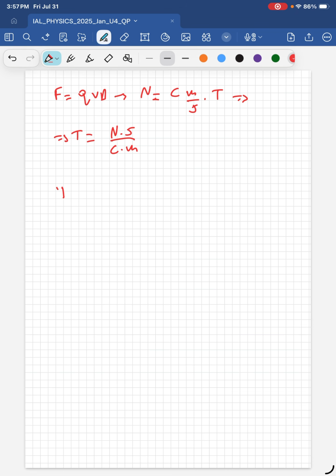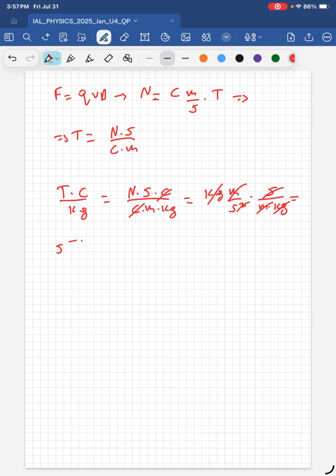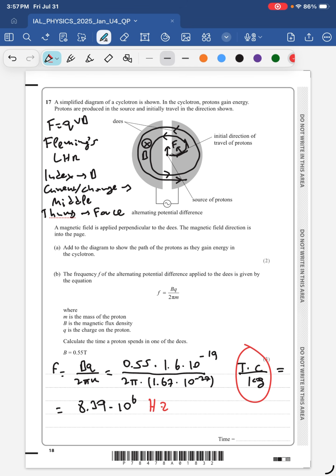In our example, we have units of teslas times coulombs over kilograms, and if we plug in, we see that we have newtons times seconds times coulombs over coulombs times meters times kilograms, so coulombs cancel, and we convert newtons to kilograms times meters over seconds squared, which you can find from F equals ma. Then times seconds over meters and kilograms, so everything cancels, and we are left with seconds to the minus 1, which is hertz. So the unit here is hertz.